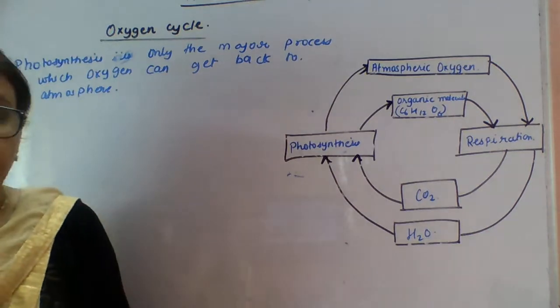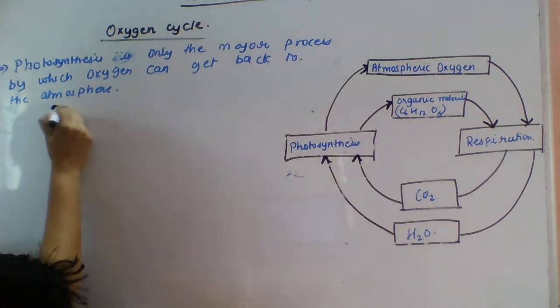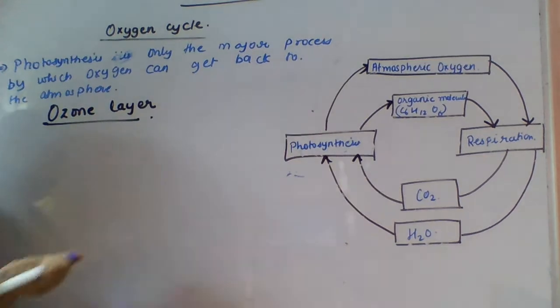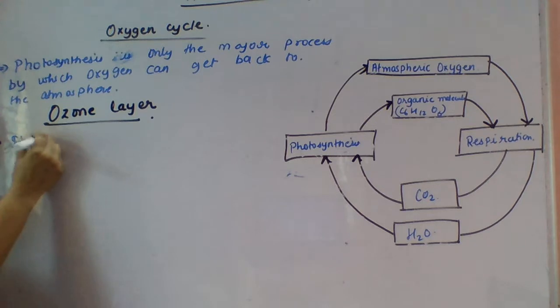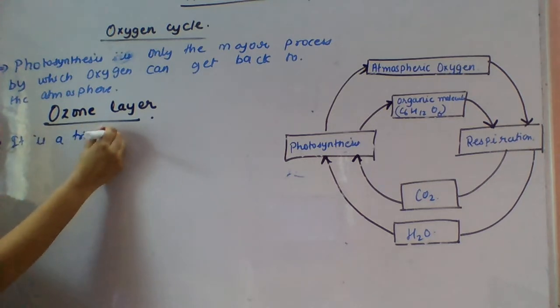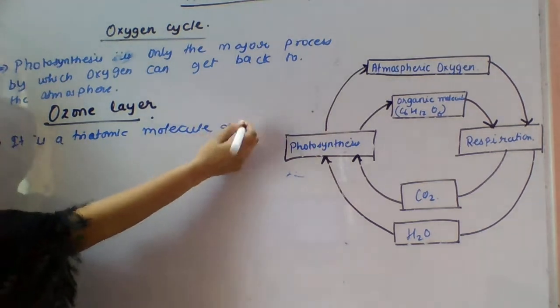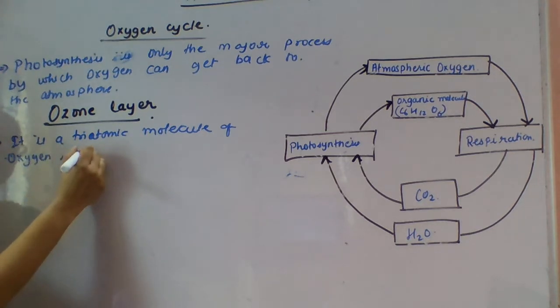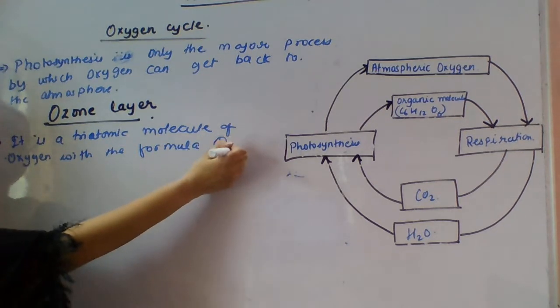So the last topic we will see is the ozone layer. What do you mean by ozone layer? It is a triatomic molecule of oxygen with the formula O3.